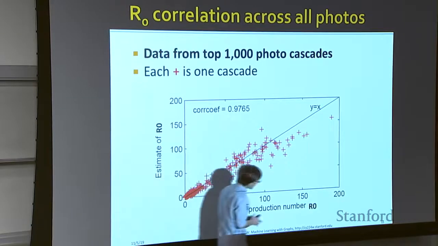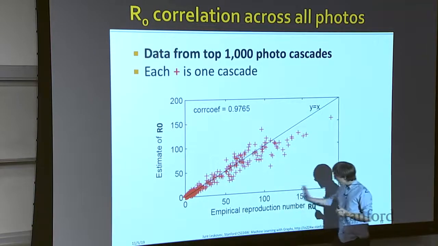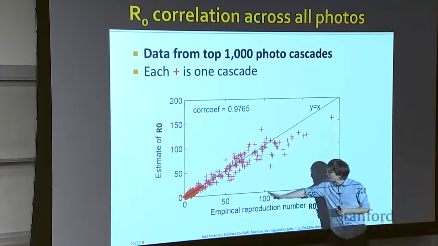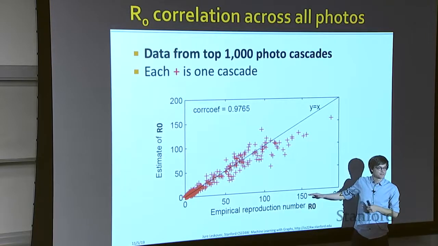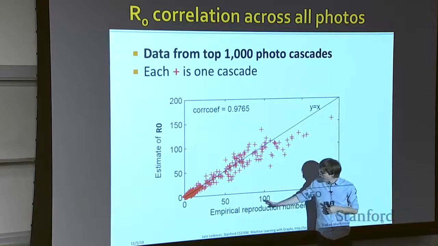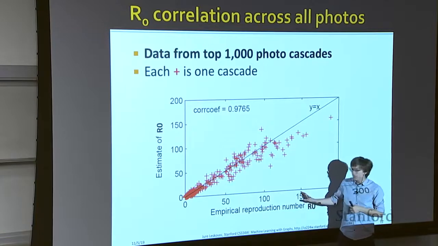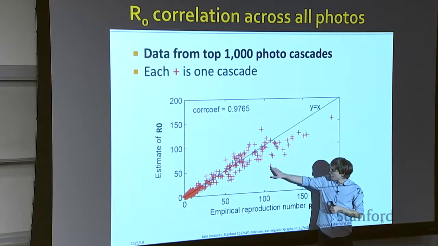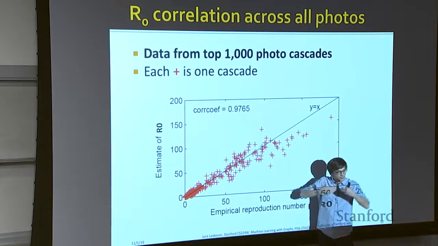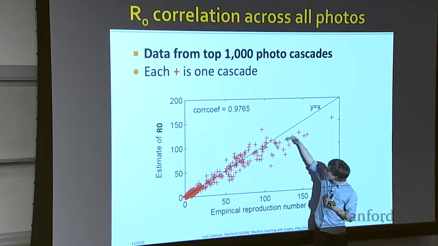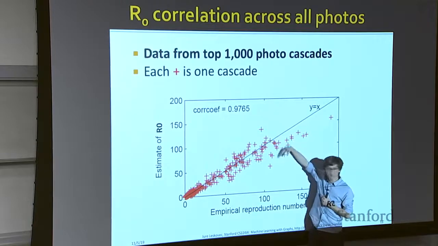And you see where this doesn't work well is really here, where these reproductive numbers are kind of crazy high, right? Where basically you could have a big celebrity who a lot of people like, and then from then on the thing does not spread too long, and it kind of dies out, right? This is below the diagonal.